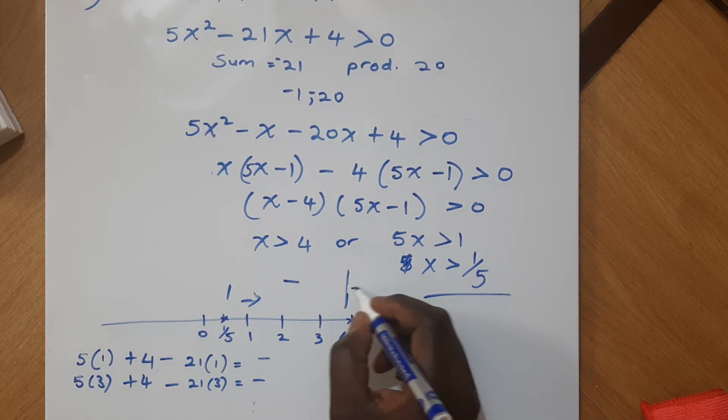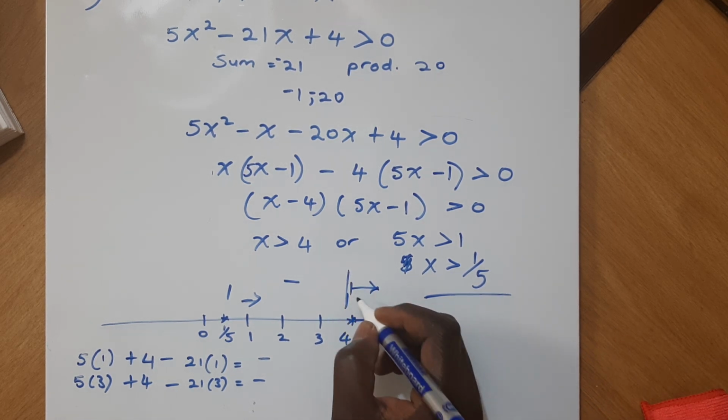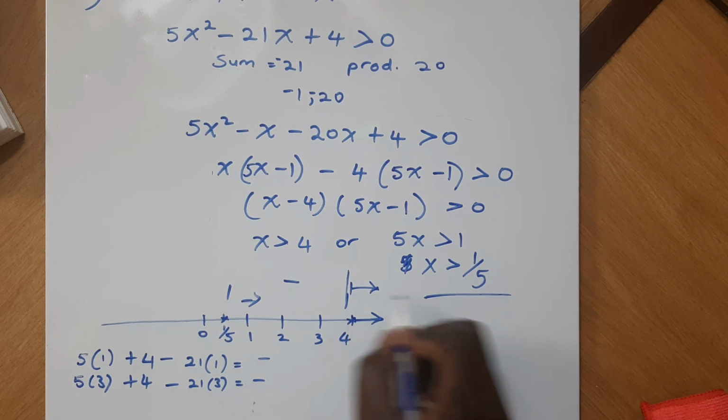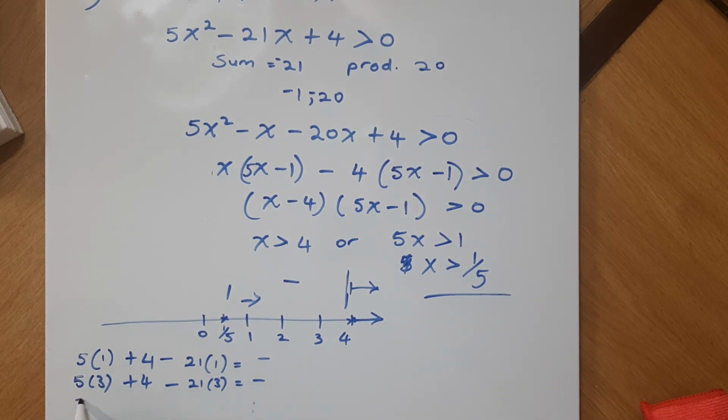So let's try after 4, greater than 4. Let's try 5 times 5 plus 4, that's 29, minus 21. 5 times 5 is 25. Oh, this is squared, sorry.